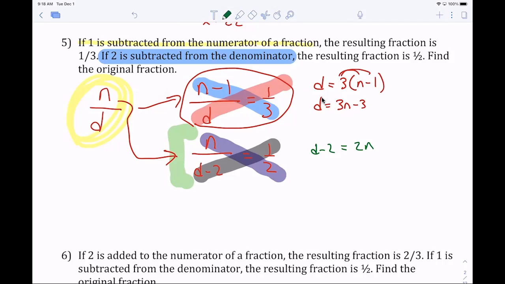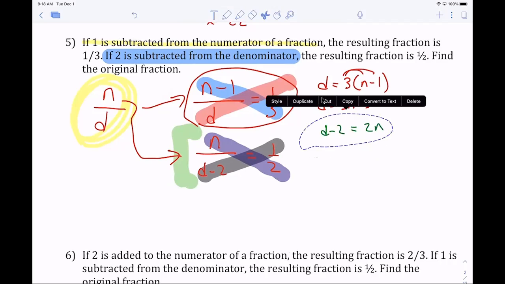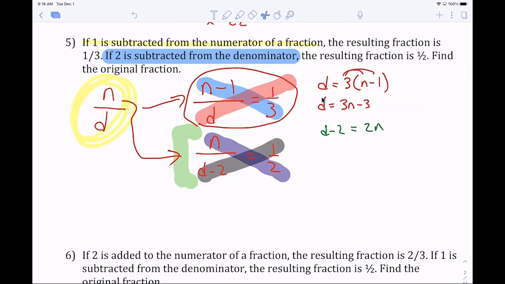Now, I want everybody to see we have two equations here, right? Now that you should kind of recognize, this one up here is already set up as a substitution.